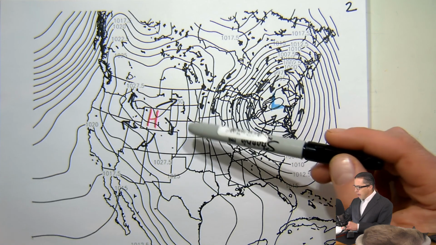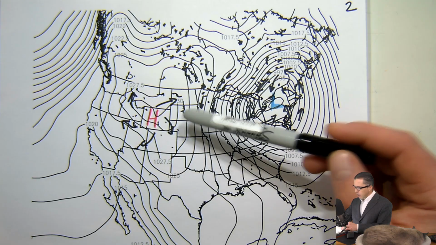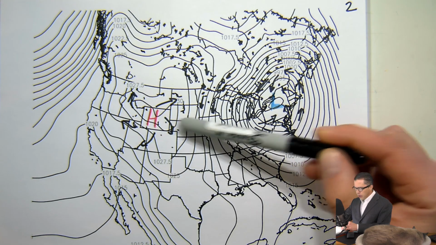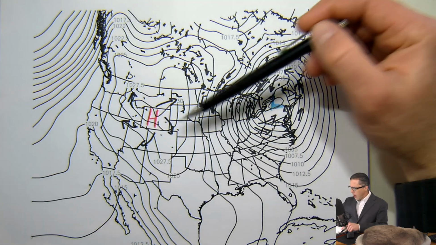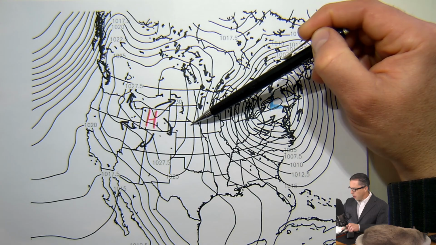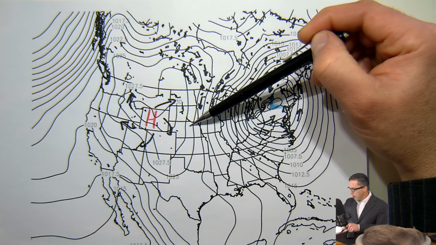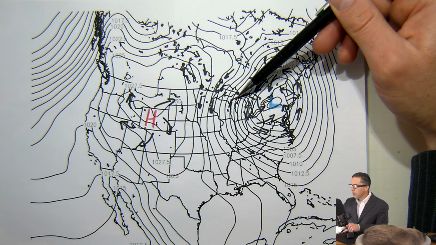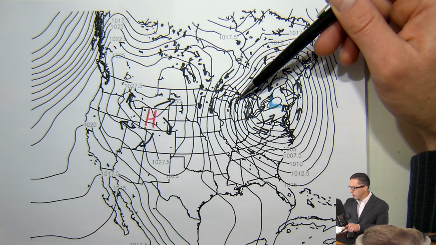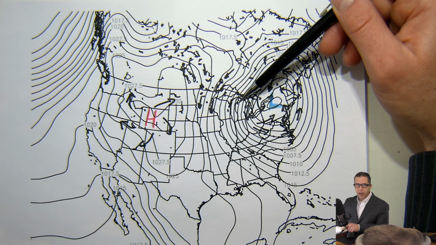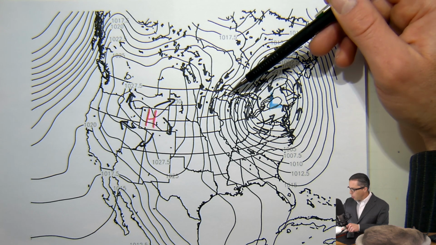So if I were to walk straight across this direction here, I would notice that the pressure as I move this way is decreasing, but not by much. Whereas if I walk this direction, I would notice that the air pressure is decreasing, but it's decreasing at a much more rapid rate.